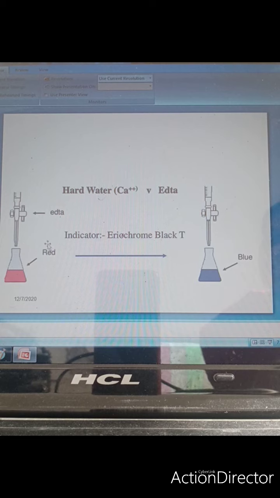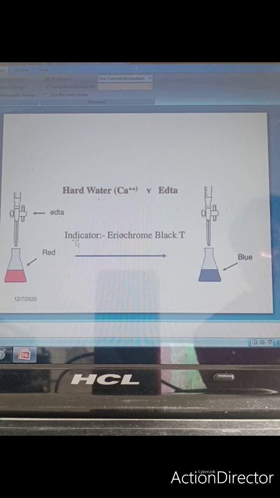The complexing agent we have selected here is EBT, so when EBT is added, it will form a complex with the calcium and magnesium ions. As a result, it will become wine red in color. Now as the titration proceeds, we will get an endpoint of blue.